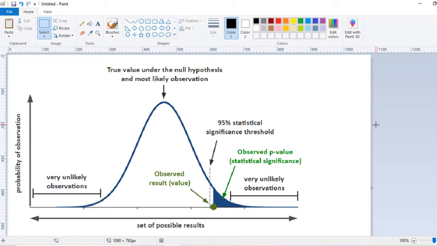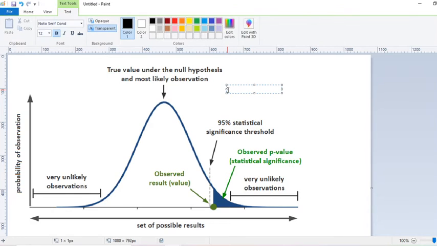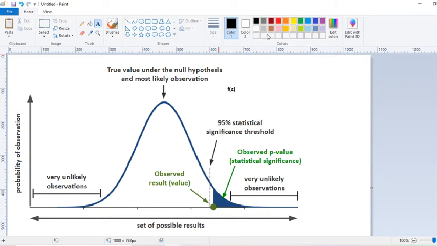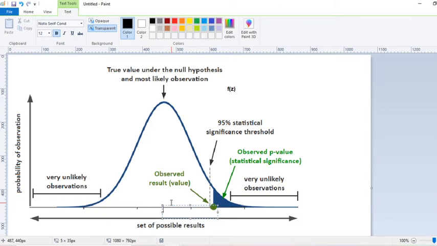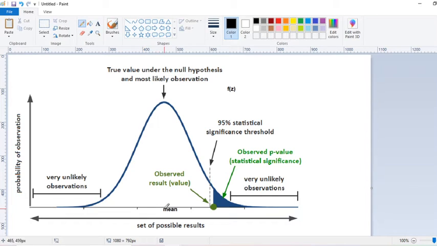Suppose this is the density function of the standard normal distribution, that is f of z, and this is the center value, the mu or mean value. Let us denote this as the mean value.